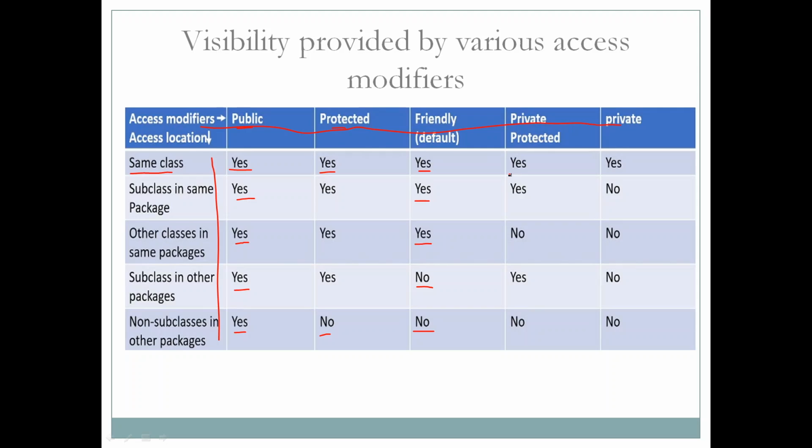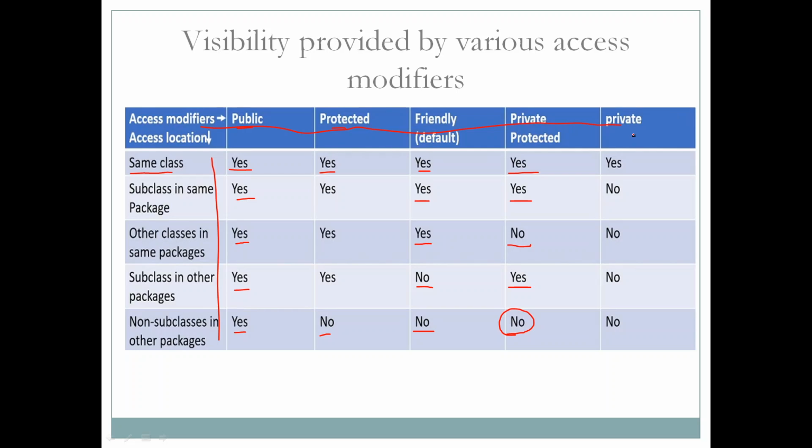private protected can be accessed in the same class, and subclasses in the same package, or in the same folder, can access it. Private protected members are not accessed by other classes in the same package, and even non-subclasses in other packages cannot access private protected members, whereas subclasses in other packages can access private protected members.